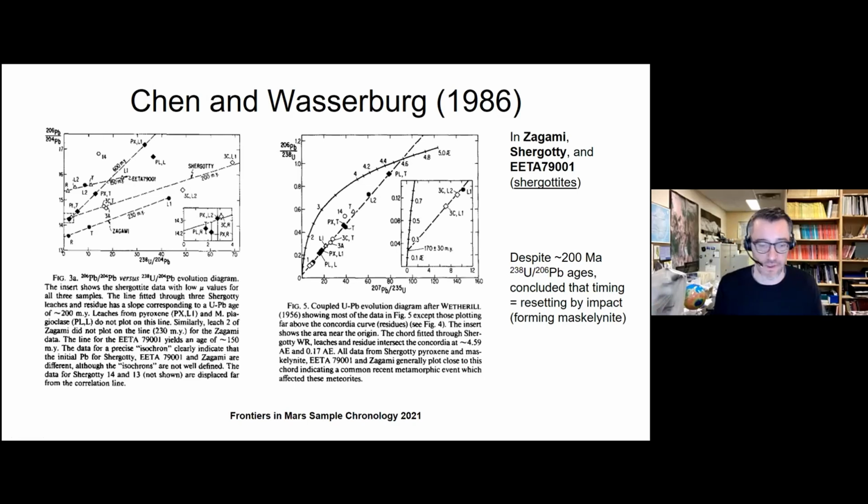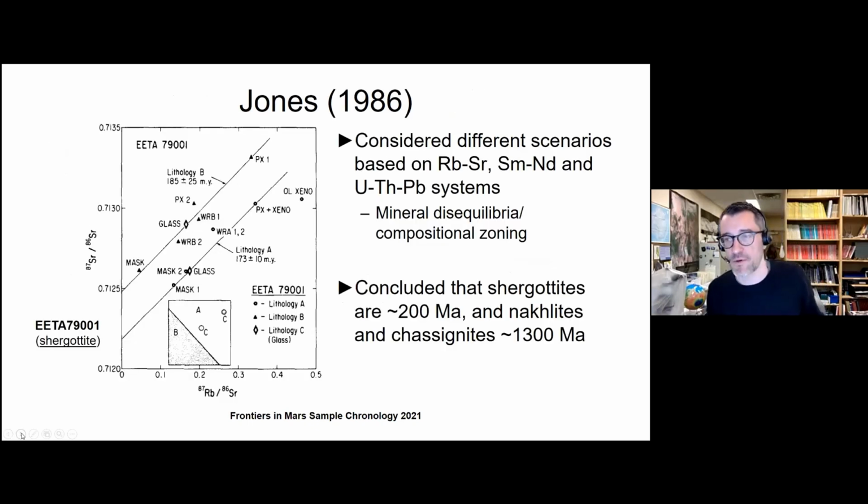That is consistent with an old, early formed and differentiated parent body. In the very same volume, the following paper is by John Jones, who considered different scenarios based on the data, including uranium, thorium, lead, but also rubidium, strontium, and samarium, neodymium.